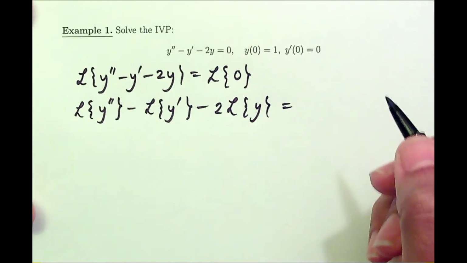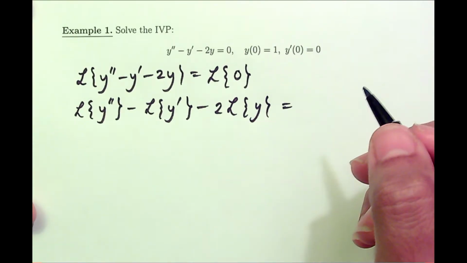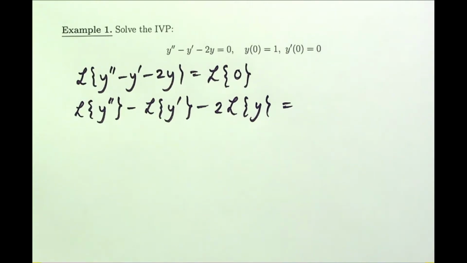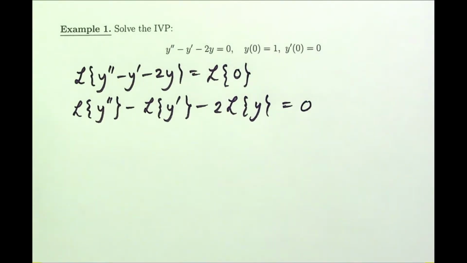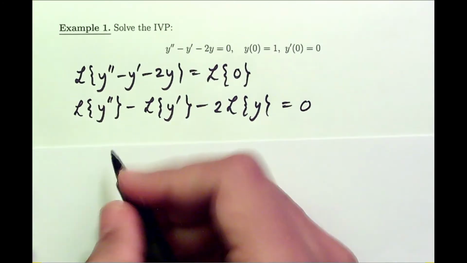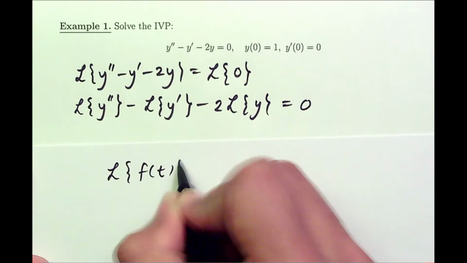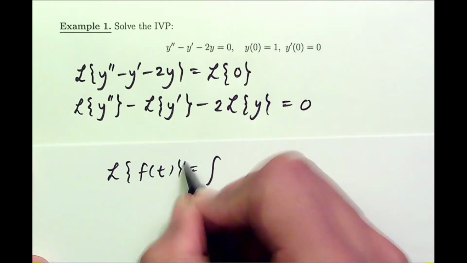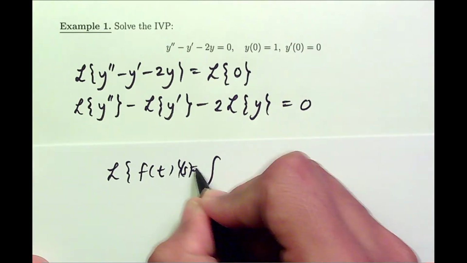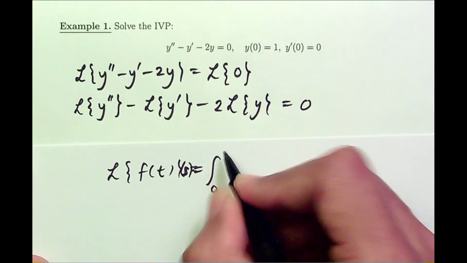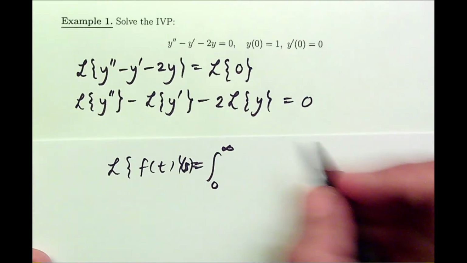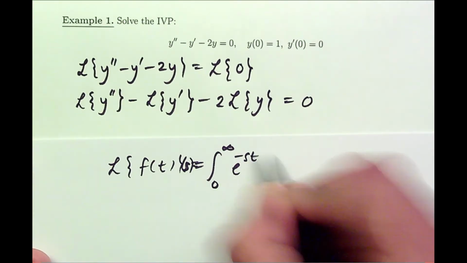Equals, and now, what is the Laplace transform of 0? The Laplace transform of 0 is actually 0. And why is that? Well, if you remember the definition, the Laplace transform of a function, evaluated at s, is the integral from 0 to infinity of e to the minus st times the function.